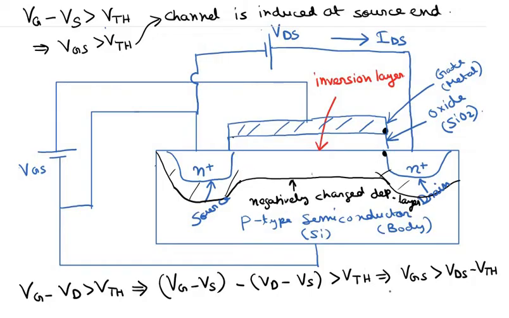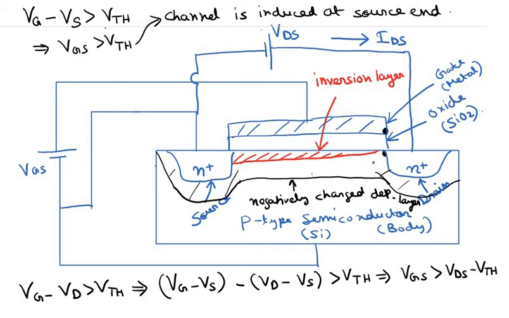So if this condition is actually not met, in that case the channel would simply look like this. So where the channel is induced at the source end and the strength of the channel basically decreases as we gradually move towards the drain end, and then at the extreme right there is actually no channel.